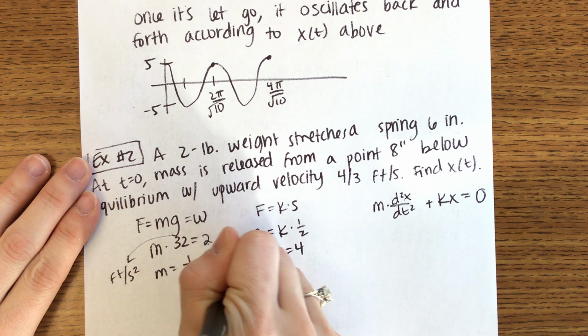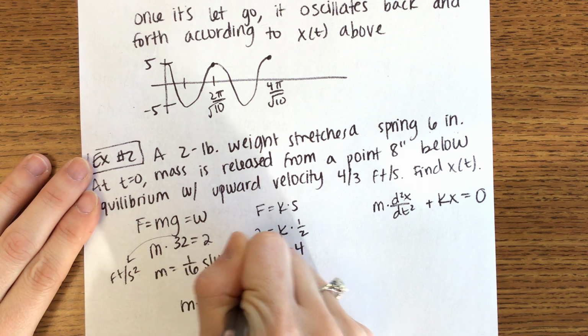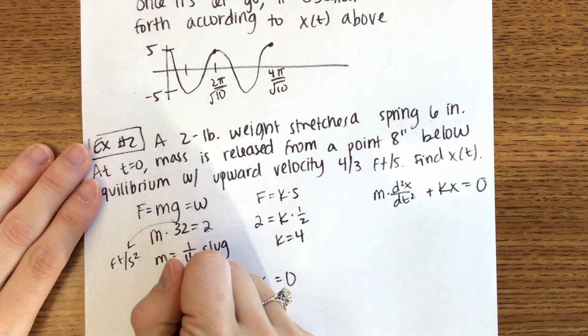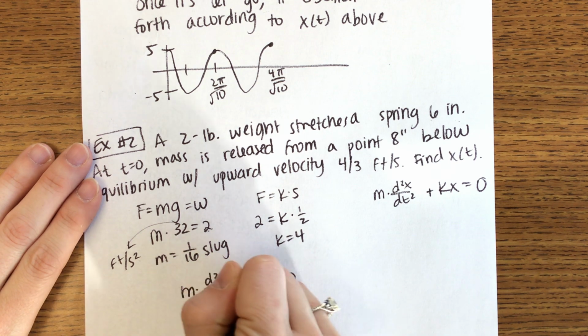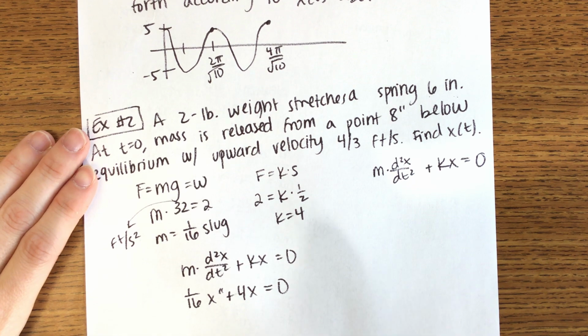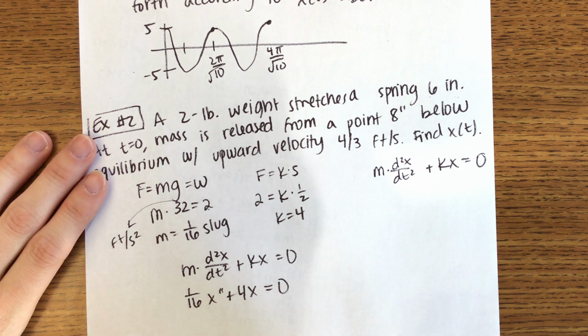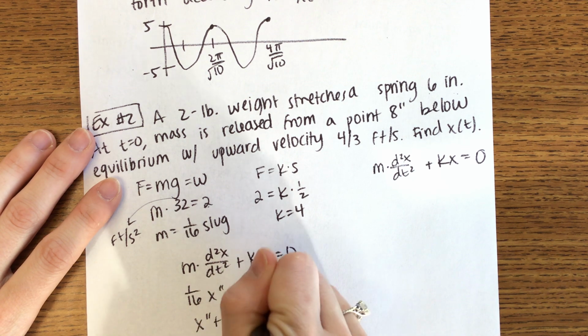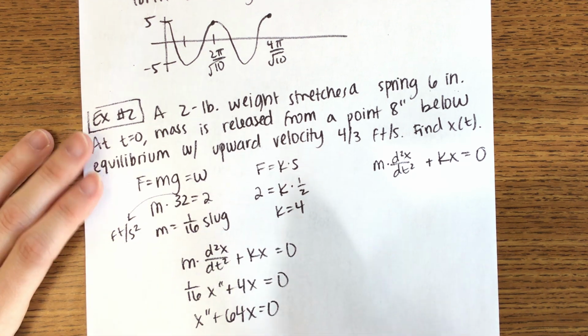Now we can go back to this equation. So we have 1/16 x double prime plus 4x equals 0. We multiply by 16, we get x double prime plus 64x equals 0.